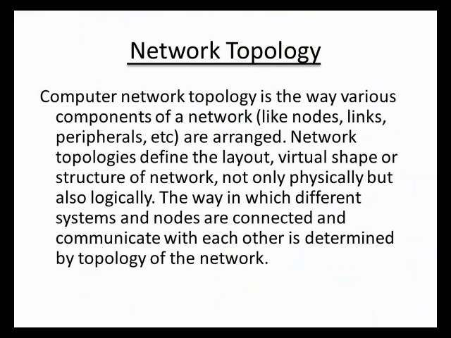Network topologies define the layout, virtual shape, or structure of the network, not only physically but also logically. The way in which different systems and nodes are connected and communicate with each other is determined by the topology of the network.